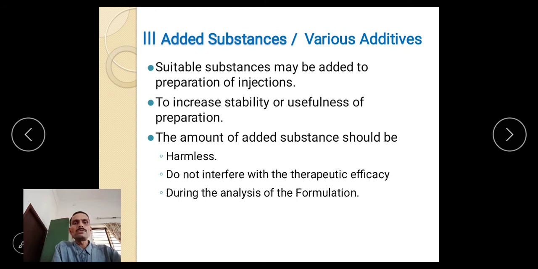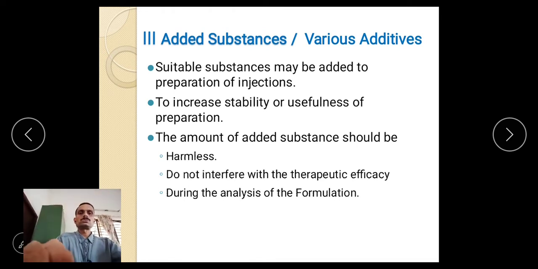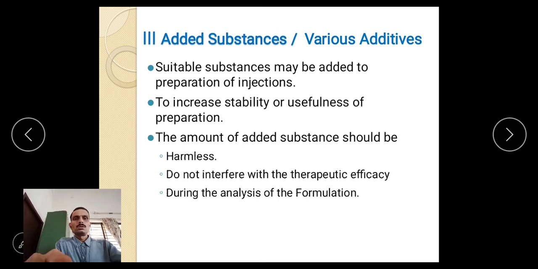It should not interfere with the therapeutic efficacy. There should not be any incompatibility or reactions. Even during the analysis, they should not interfere. Whenever you are carrying out the test analysis, these substances should not interfere or interact.